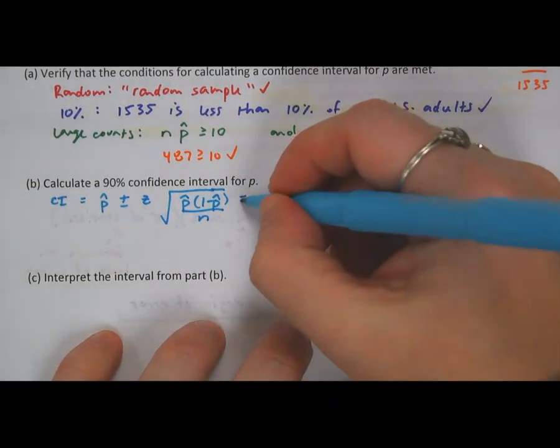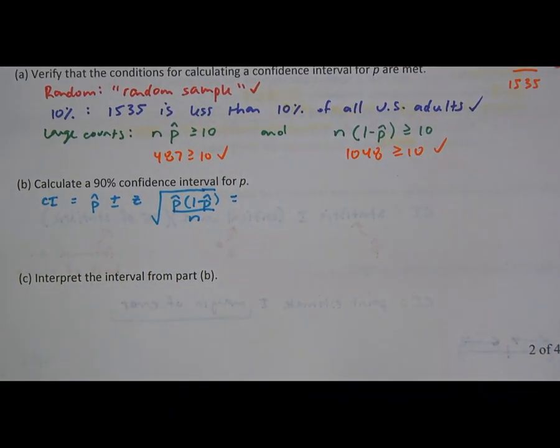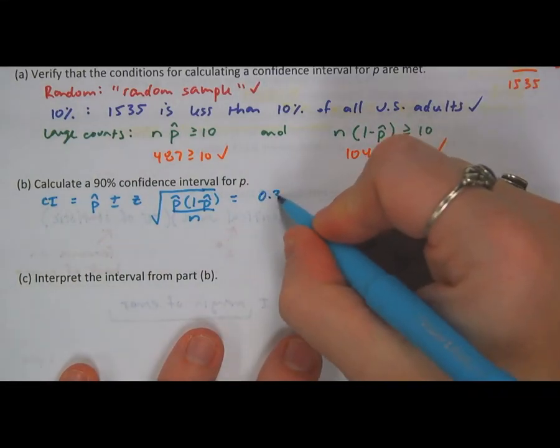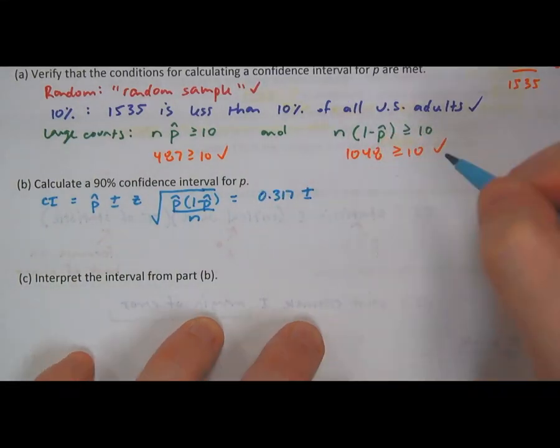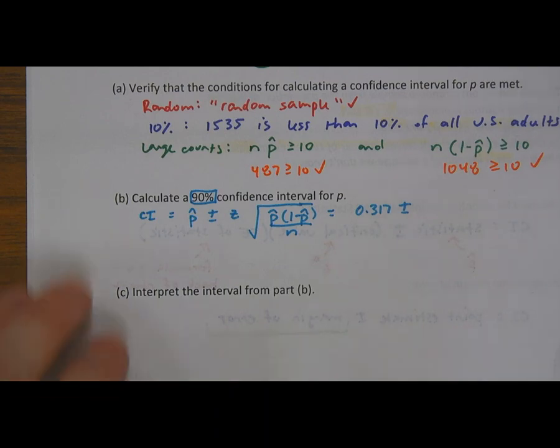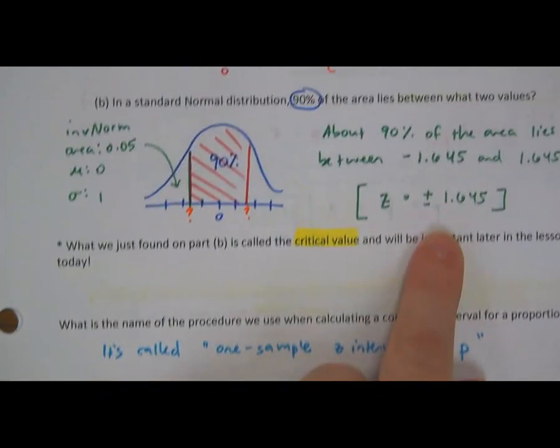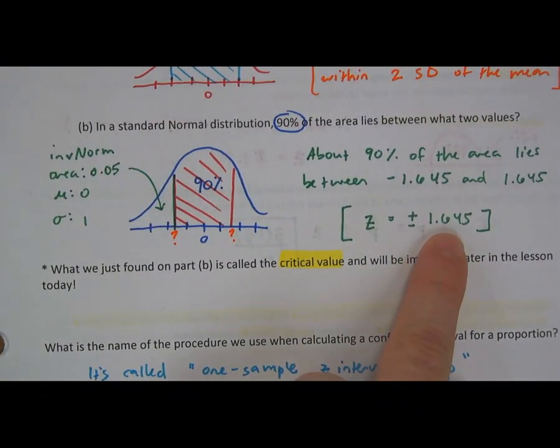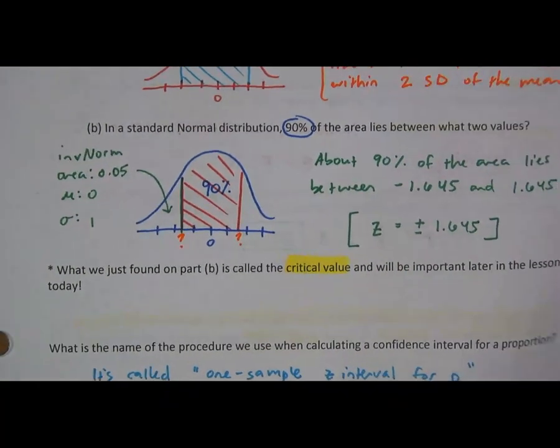And I'm just going to work horizontally. And so p-hat was that 0.317 plus or minus. Our critical value for a 90% confidence level, we did it on page 1, if you want to cheat a little bit, is always going to be 1.645. So for those of you that like to memorize, that's what I was saying.